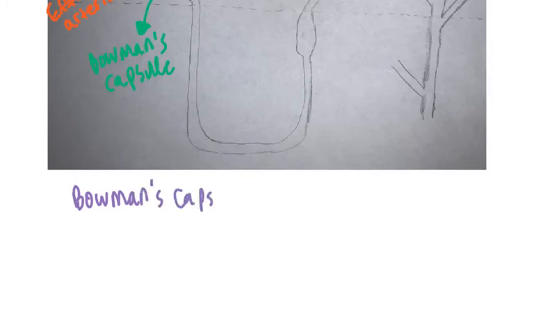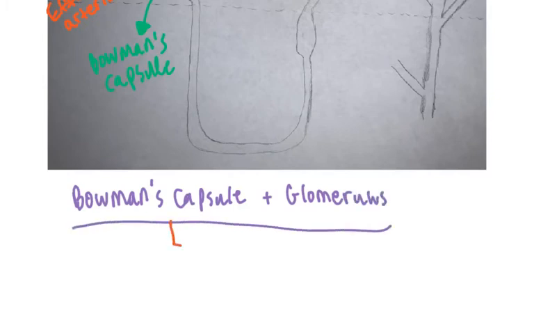So the Bowman's capsule and the glomerulus together are going to be called our renal corpuscle. That's a good term to know. Renal corpuscle.